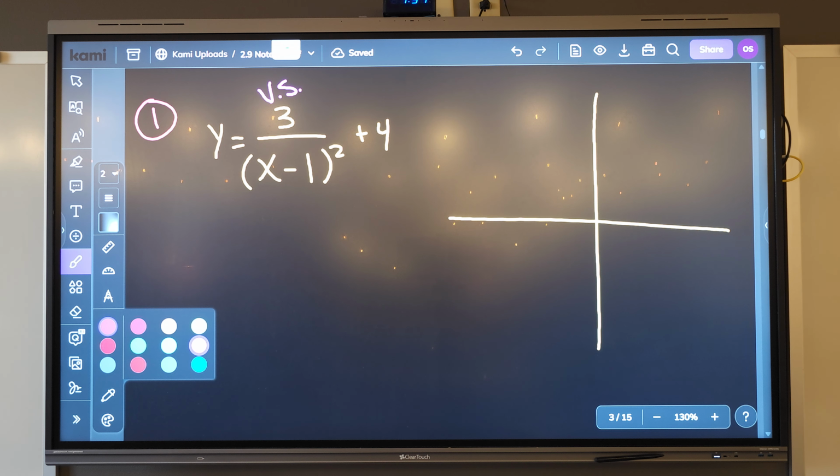You should label your HA and you should label your VA, and you should have the equations of the HA and the VA. The horizontal asymptote and the vertical asymptote.